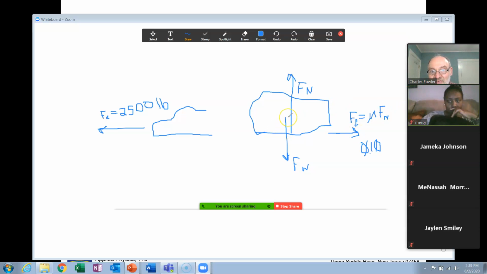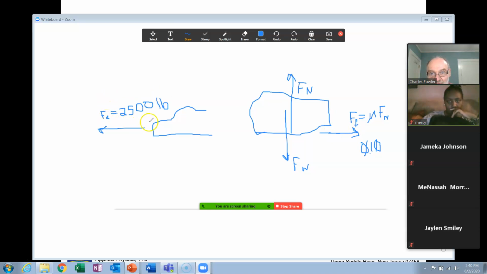You're not necessarily accelerating. You're just moving it. No acceleration, so the net force is 0. These are equal. I didn't quite draw them equal, but just pretend that I did. Same thing here. Okay? So this force will equal your applied force.